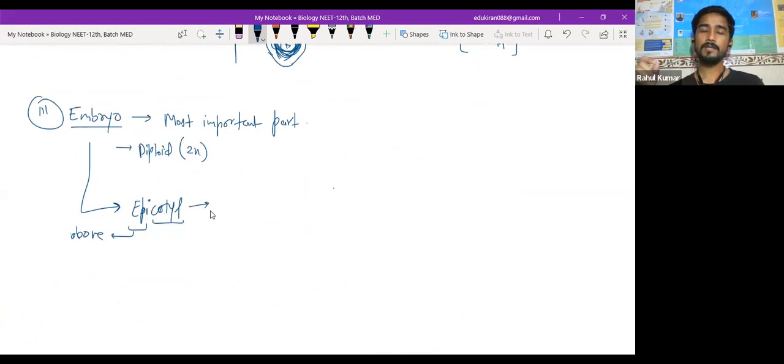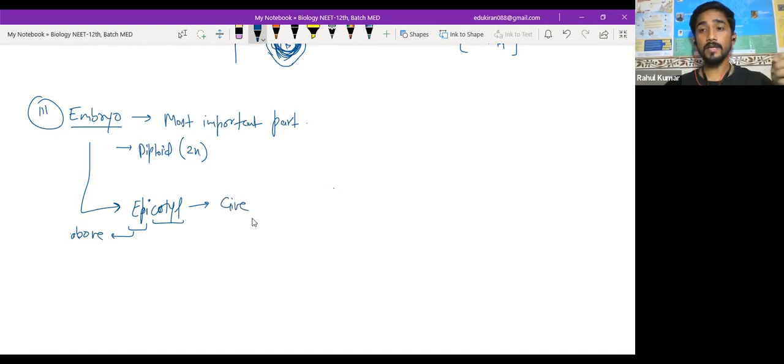Write down, epicotyl is a small shoot. Because it's on the top, it will go up, penetrating the soil, it will emerge outside and it will form the shoot. So it is the small shoot of the embryo which will give rise to the entire plant shoot system eventually. This is asked in entrances.